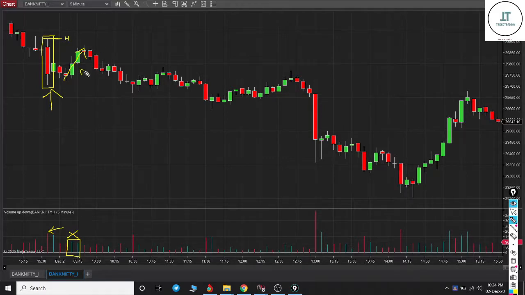If the buyers who tried to push the price higher were strong enough, at minimum they should have crossed the high of the candle and moved the price higher, but it has not taken place.